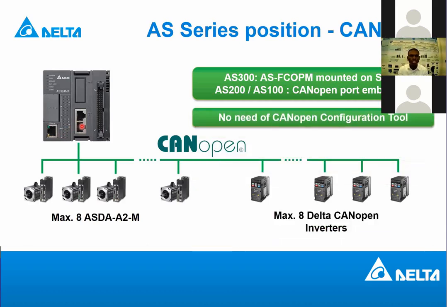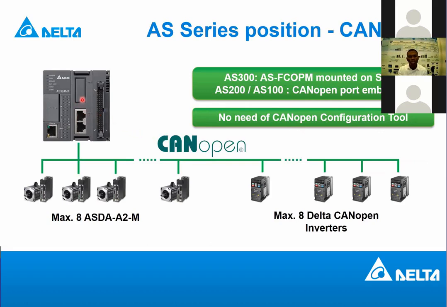So what is the advantage of this special CANopen mode? It makes life so easy for all of us machine makers, because you don't need to do any CANopen configuration. The traditional method of using CANopen to control the slave drives is to do PDO mapping, where you map the address of the slave you want to control to the master.